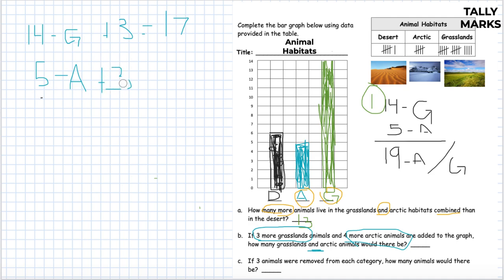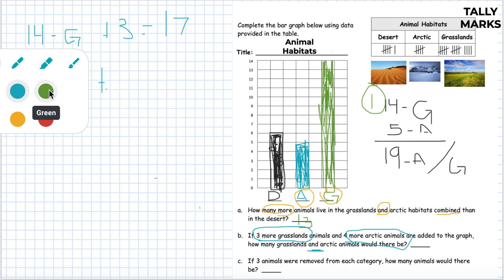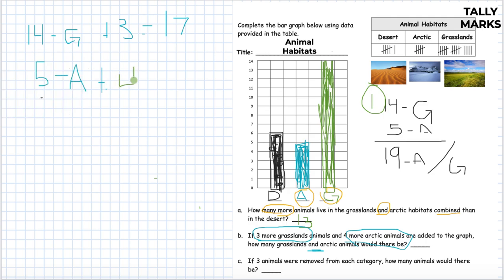We have to read carefully. We're adding 4. If I add 4 here, that's going to give me 9. So I would have a total of 17 grassland and 9 Arctic. And we need to add those together to get our total.